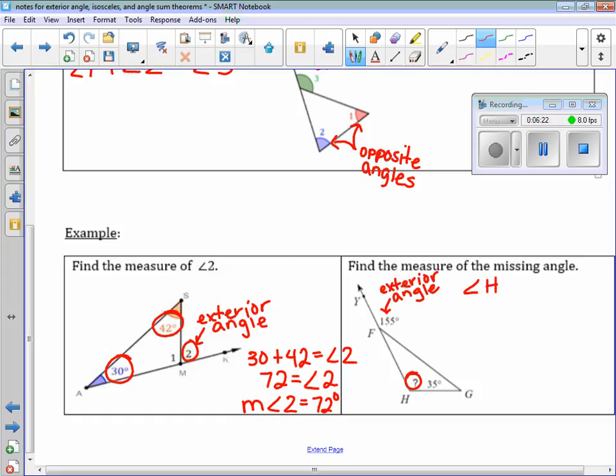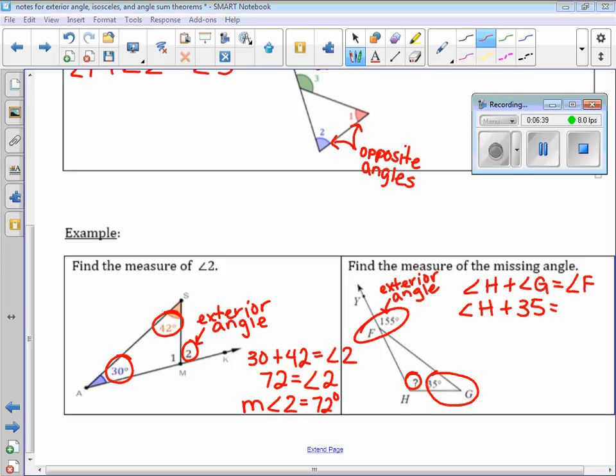So I know that angle H plus angle G will equal angle F. Well, angle H I don't know, but I know angle G is 35. And I know angle F is 155.